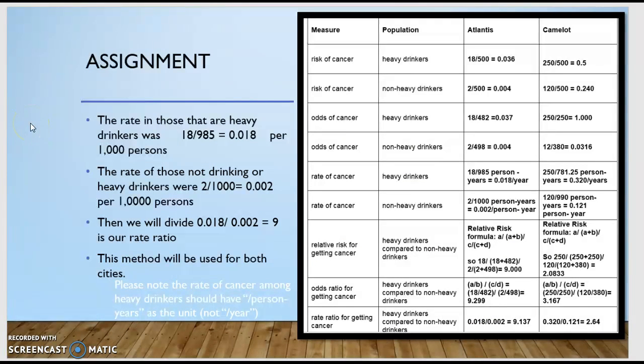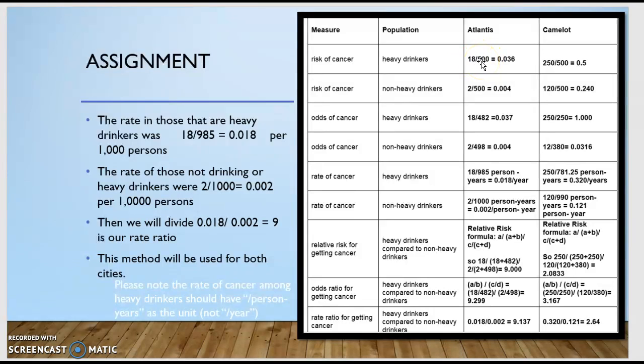Okay, so on this slide, we have our assignment and calculations. Again, as I was mentioning, we do have the imperative information we've pulled from our last slide in regards to the city of Atlantis and Camelot. So the risk of getting cancer, the population we're evaluating is the heavy drinkers. So we used 18 of those that were heavy drinkers out of the total population.